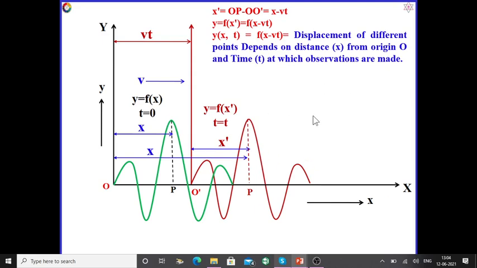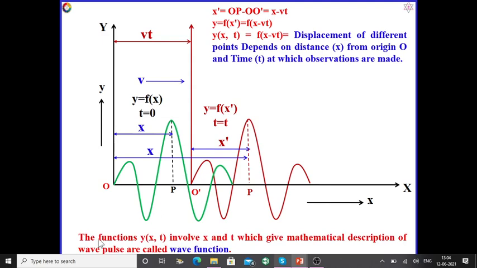Hence x and t are always variables. So the function y(x,t) involves x and t, which gives a mathematical description of the wave pulse, and is called the wave function.